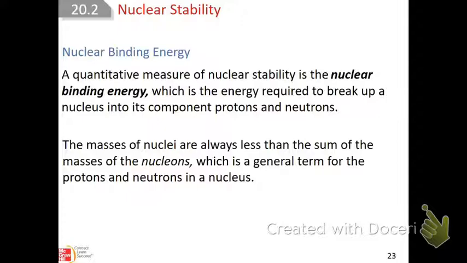We also talked about that word nucleons. This word, nucleons, is the sum of the protons and neutrons together, their masses, that make up the nucleus.